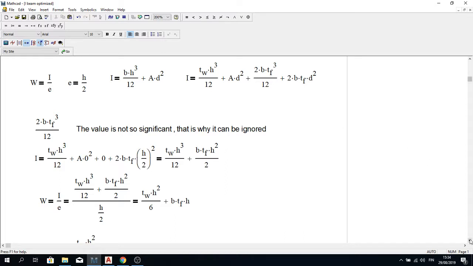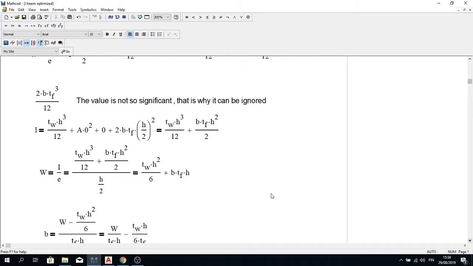Now the equation will look like this. And again, W equals I by E. I, we've derived the value here, so we can substitute this value over here, and E, which is H divided by 2, and that will give us this result over here.